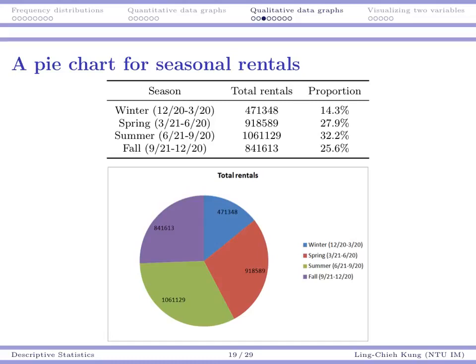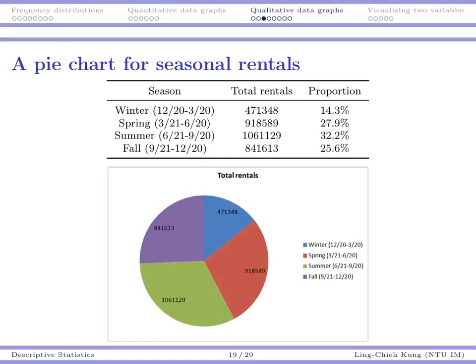To get a pie chart, of course, you need to first calculate those numbers. If we look at the data, we see a label season as a column, and then we realize each day is categorized into one of the 4 seasons, winter, spring, summer, and fall.